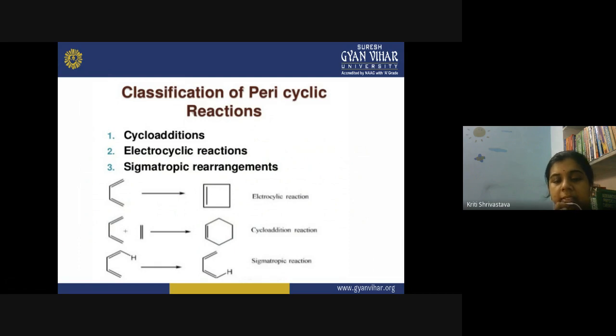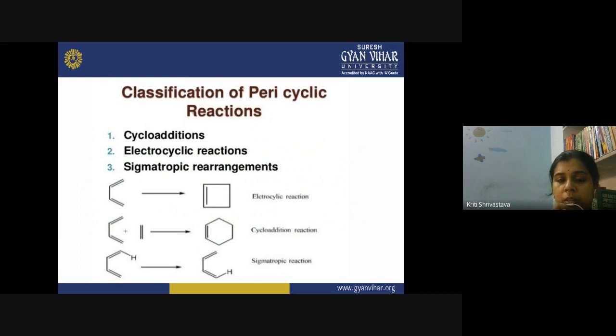Another category is the electrocyclic reaction. This is an example of an electrocyclic reaction. In this, only one molecule is involved. We don't have a second reagent here. Only one molecule is involved, and it cyclizes with the redistribution of electrons. It cyclizes itself, and this cyclization could take place under the influence of heat or by a photochemical pathway.